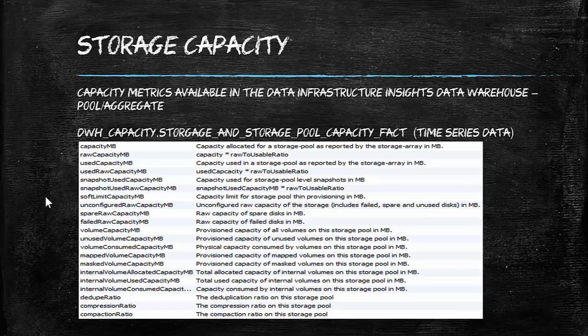You'll have capacity, raw capacity, used raw, snapshot used, unconfigured. You'll see spare raw, failed raw, volume, unused volume, volume consumed, mapped and masked, internal volume allocated, internal volume used, internal volume consumed, and then your storage efficiency, dedupe ratios, compression, and compaction. That's what's available in the storage and storage pool capacity fact.